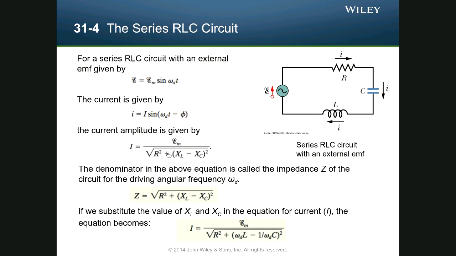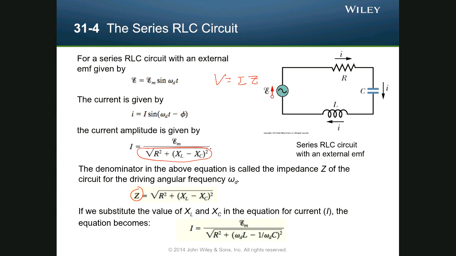Now, this quantity will be called the impedance. You'll notice it'll be given with this letter Z, and this allows us to write Ohm's law for AC circuits as V equals I Z. All right, but in order to analyze these circuits, you'll have to know the capacitive and inductive reactance.